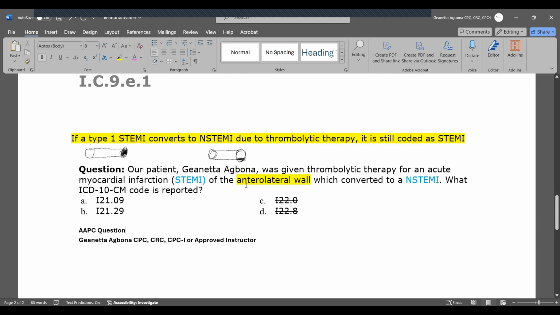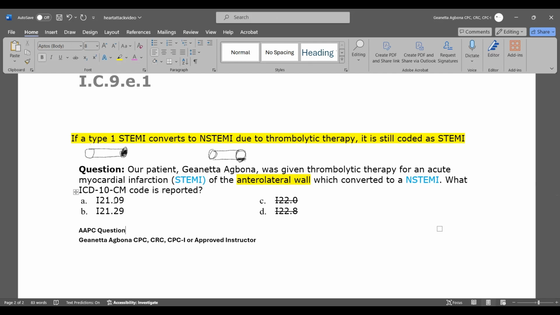And we also have the anterior lateral wall of the heart, and we know that was an I21 section 0.0. If you look at I21, just look at that subcategory, I21.0. Notice what you'll see.